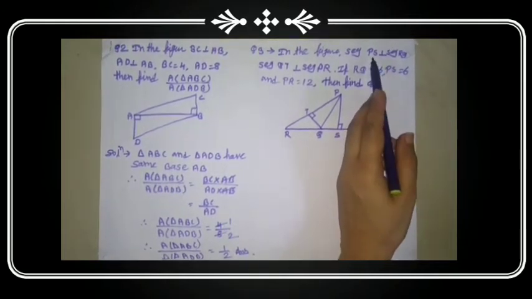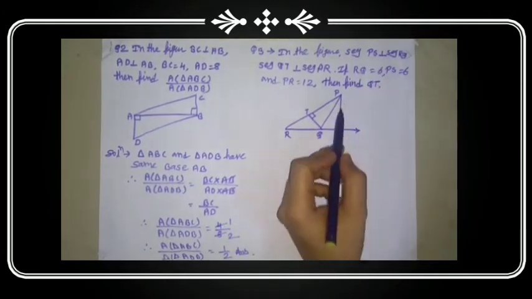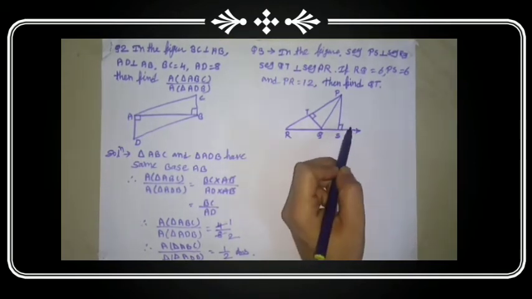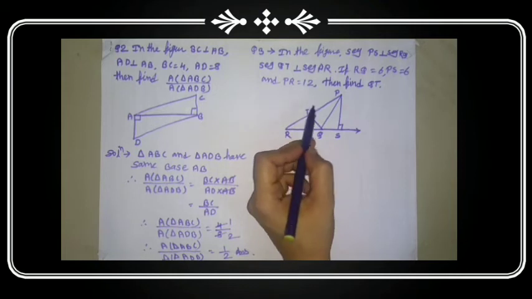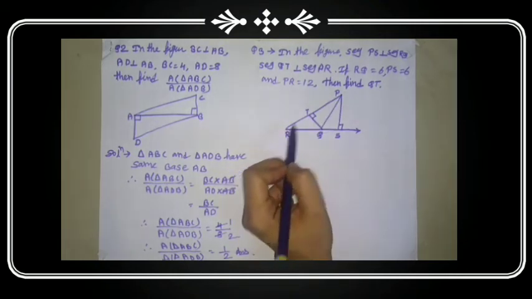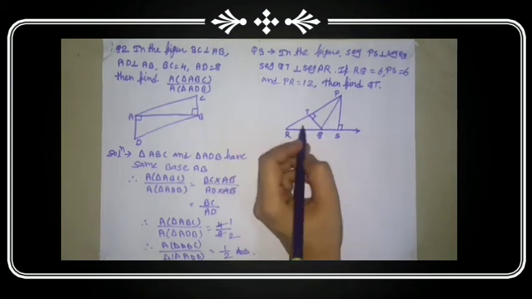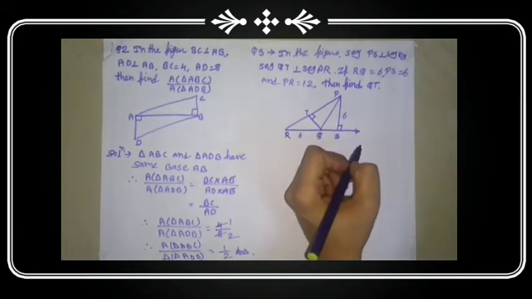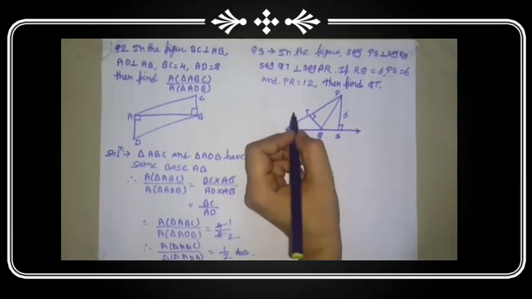In the figure, PS is perpendicular to RQ and QT is perpendicular to segment PR. RQ equals 6, PS equals 6 and PR equals 12.